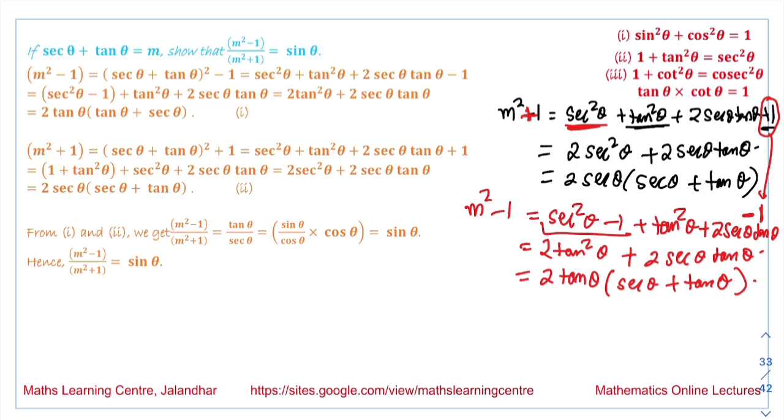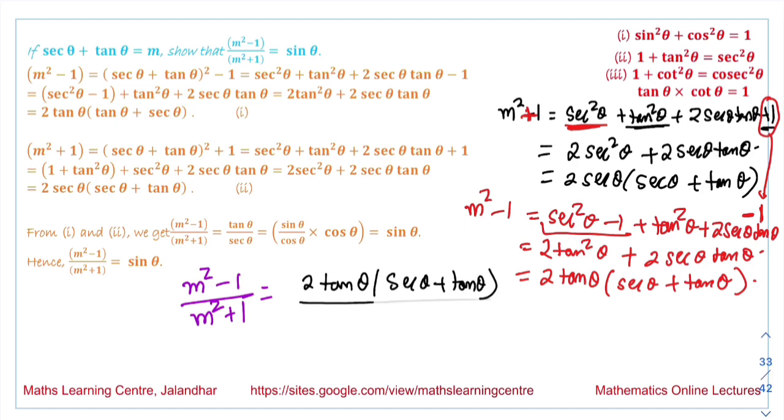Now if we divide both these terms, we will get m square minus 1 over m square plus 1 is equal to 2 tan theta into secant theta plus tan theta over 2 secant theta into secant theta plus tan theta.